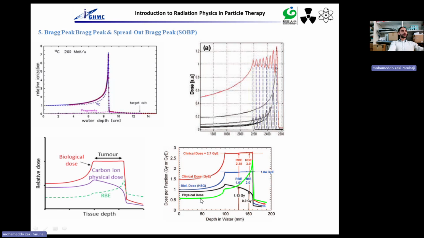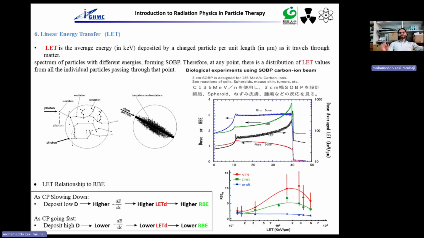So RBE and physical dose allow me to determine and understand my biological dose. Now, from this biological dose I can estimate and determine my clinical dose to treat. Does that make sense? I'll go next. Okay, next.